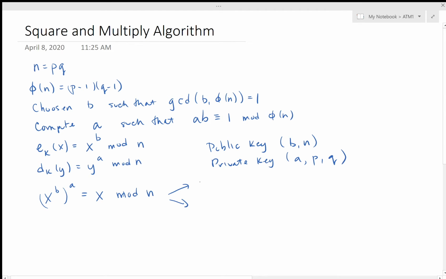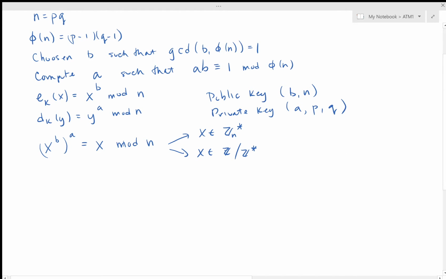We did that in the case where x is in Z_n star, the invertible elements mod n, and we also did it when x is not an invertible element. Okay, so we've handled that detail. We are now assured that should we use this encryption and decryption function, if we encrypt something and then decrypt it, we indeed get back exactly in every case what we started with.